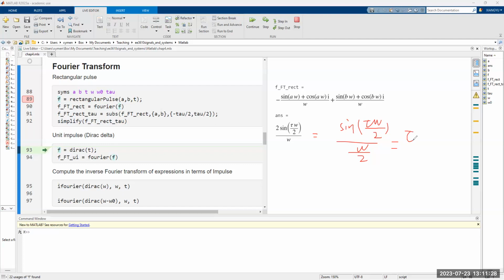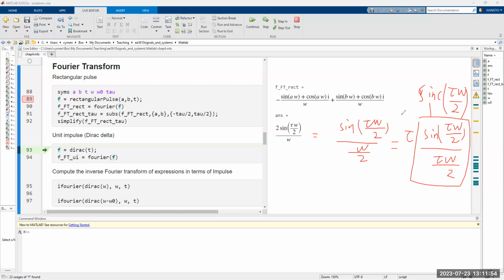Therefore we have tau times sine of tau omega/2 over tau omega/2. This is the sinc function: tau times sinc(tau omega/2). This result is exactly the same as the one I showed you in the slides.